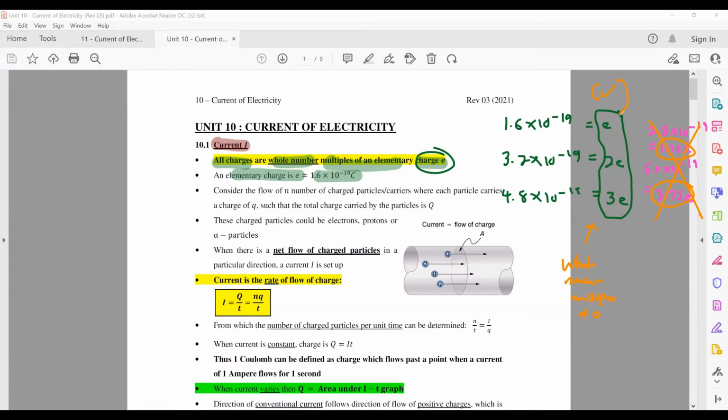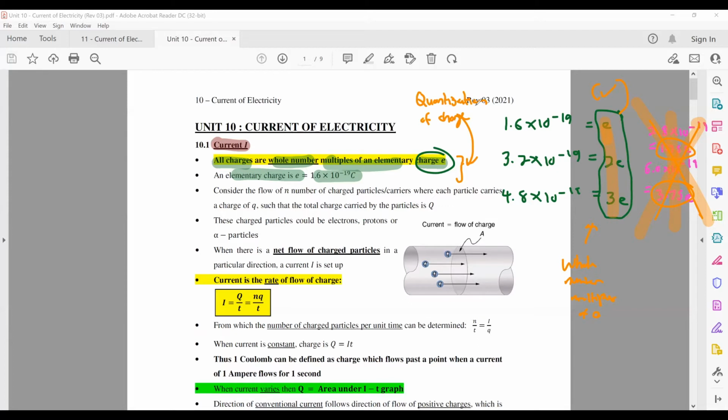All right, all charge that exists in nature must be in whole number multiples of e. They cannot exist in fractions like this. This is just not possible. All right. So this is what you will learn as quantization of charge.